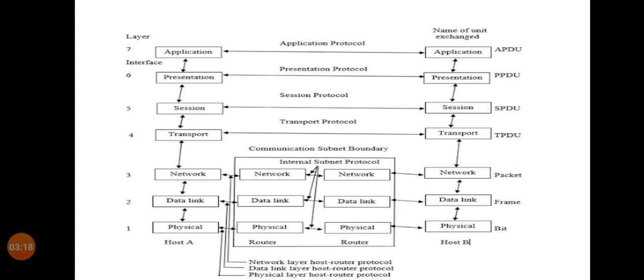Whatever information you want to send is prepared by host A, and host A wants to send it to host B. On the host A side, the information passes through 7 layers, since it follows the layered architecture. Layered architecture represents the transmission of data from host A to host B in different steps, and for each step a particular layer is defined. So it is transmitted through 7 steps, and at host B it is received through 7 steps.